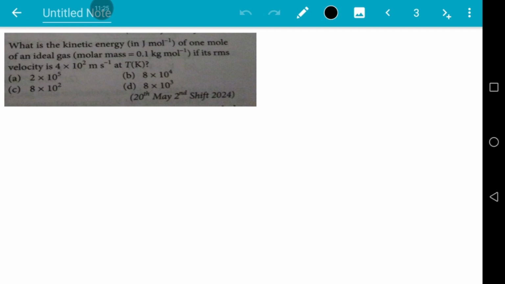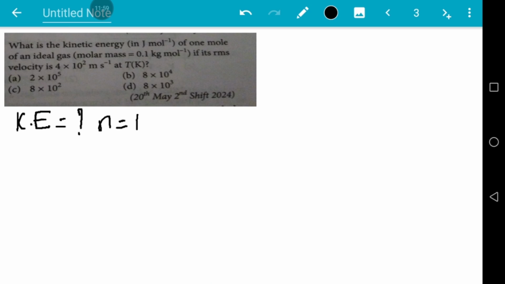Now coming to the third question. What is the kinetic energy in joule per mole of 1 mole of an ideal gas, whose molar mass is 0.1 kg per mole, if its RMS velocity is 4 into 10 power 2 meters per second at T Kelvin? So this is the question. They are asking about kinetic energy. 1 mole of an ideal gas means moles equal 1.